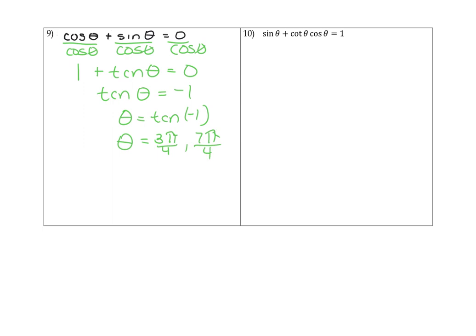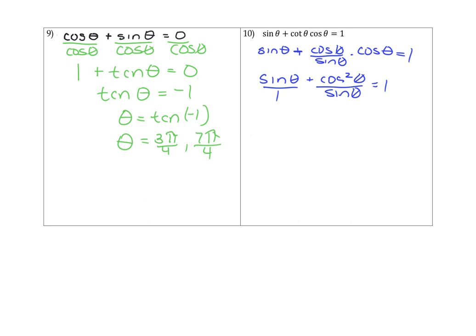Okay, so now I'm going to first simplify the cotangent times cosine. So I have sine theta plus cotangent, which is cosine theta over sine theta times cosine theta. So now I have sine theta plus cosine squared theta over sine theta.